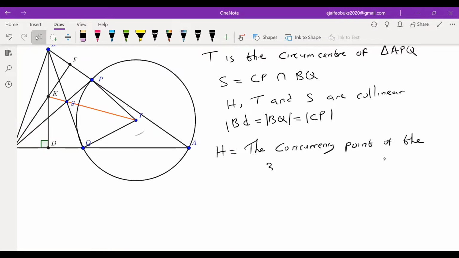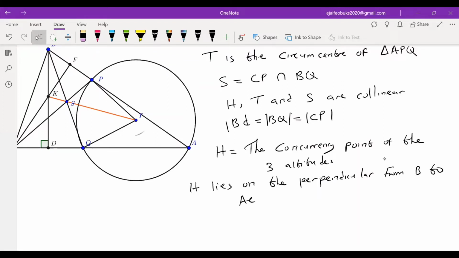So by this definition of H, H lies on the perpendicular from B to AC. H has to lie on this line. H lies on the perpendicular from B to AC. But keep this in mind as we go on.